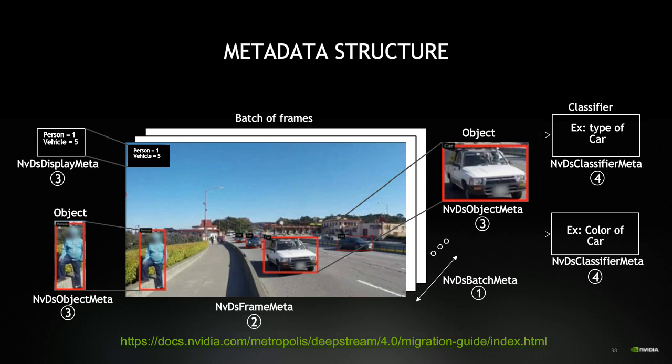This is only created if there are multiple networks. For example, if you detect a car and next you want to detect the color of the car or the type of the car, this information will be stored in the classifier meta. This is the fourth level of the metadata hierarchy. You can find more information about the metadata structure in our migration guide and the plugins manual.